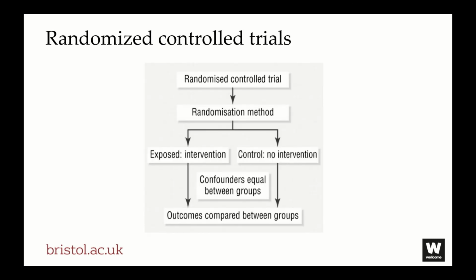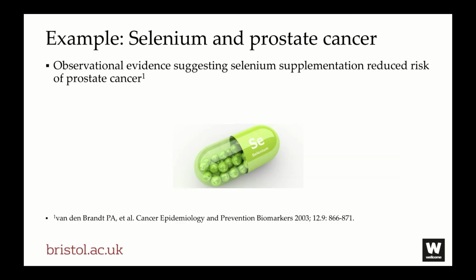So as I said, randomized control trials are usually what we think of as the gold standard, but sometimes this can bring results that maybe weren't anticipated. So one example that I'll keep dotted throughout this talk is the example of selenium and prostate cancer.